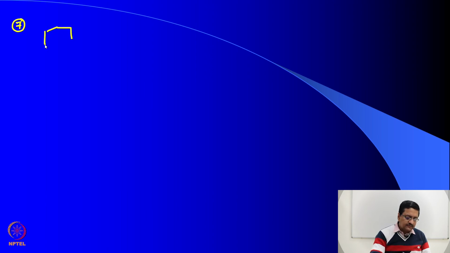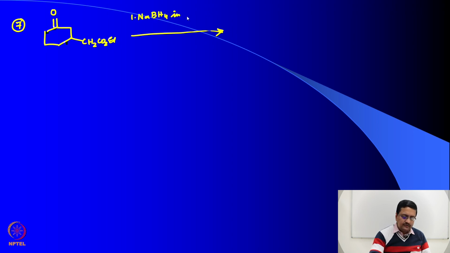Now let us move to some reduction reactions. If we have a carbonyl group and an ester group together in a compound, what happens if we do a reduction reaction with sodium borohydride in dry THF medium at 0 degree centigrade, followed by hydrolysis in the second step?